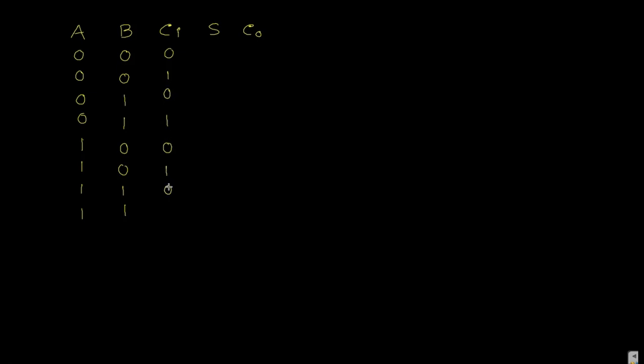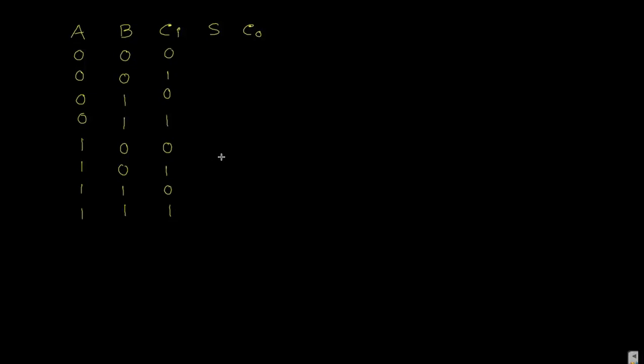The inputs are A, B, Ci, and S and C are outputs. So A is 0, 0, 0, 0, 1, 1, 1, 1. B becomes 0, 0, 1, 1, again 0, 0, again 1, 1. Here Ci is 0, 1, 0, 1, 0, 1 and 0, 1.